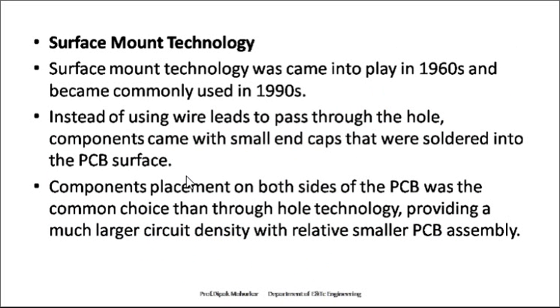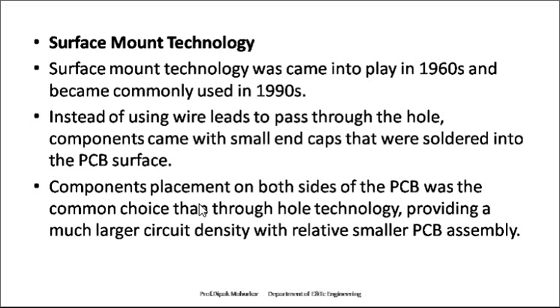Then the second is surface mount technology. Surface mount technology came in the 1960s and became commonly used in the 1990s. Instead of using wire leads to pass through the hole, components came with small end caps which were soldered onto the PCB surface.